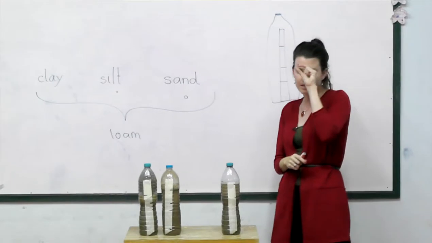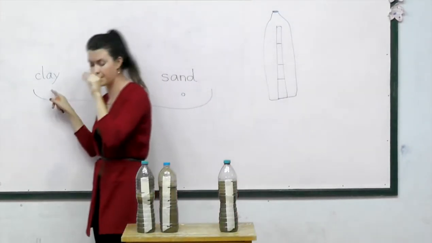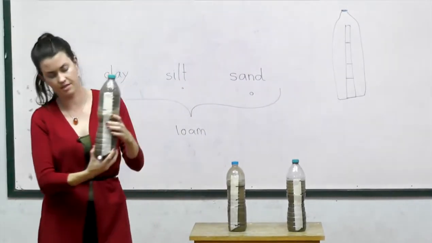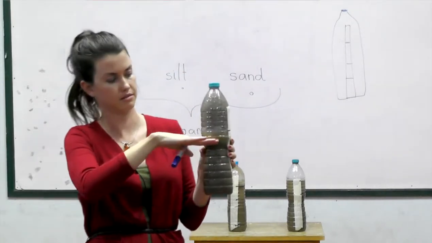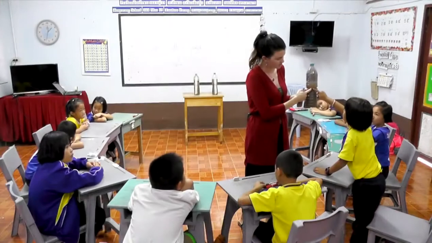So think about right now our clay, silt, and sand. Which one is the smallest one? Clay. Clay is our smallest one. So which of these layers do you think might be clay? Do you think it's the one up here? Do you think it's the one down here?